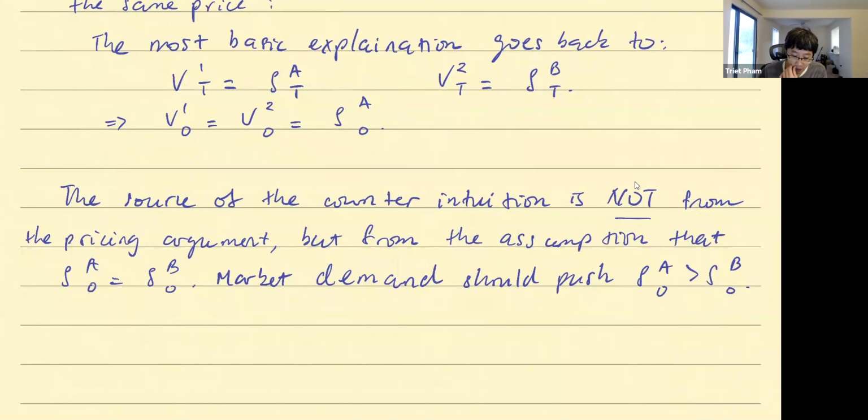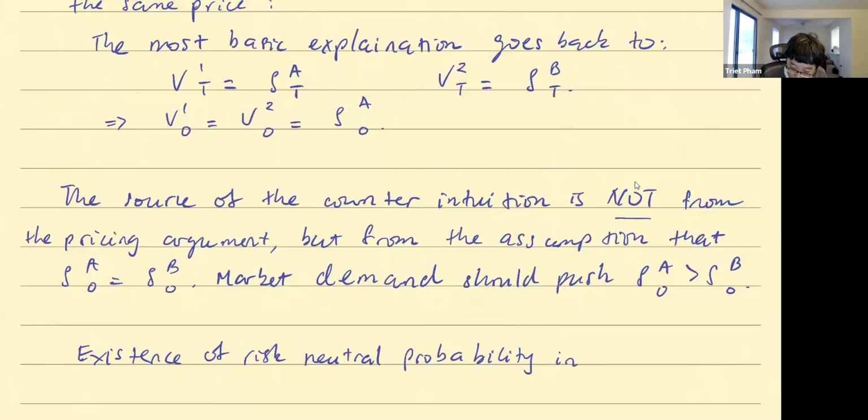Okay. So the next thing we want to discuss before we go back to the whole Black-Scholes formula and explore it some more is the question of existence of risk neutral probability in the Black-Scholes model.